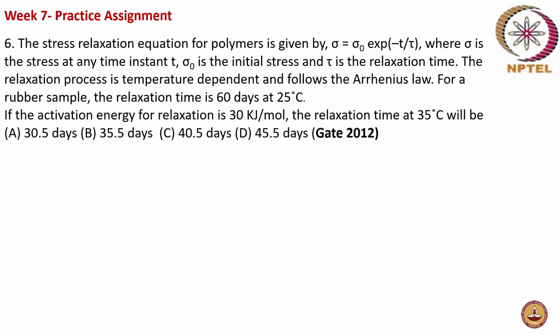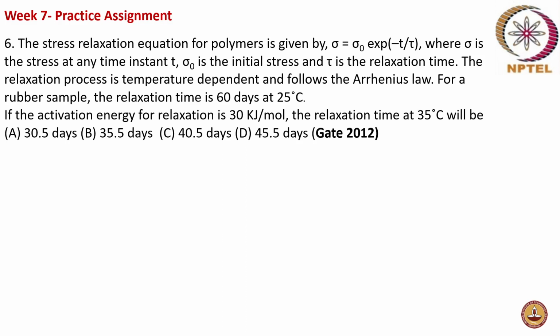Next question. The stress relaxation equation for a polymer is given by sigma is equal to sigma naught into exponential of minus t by tau, where sigma is the stress at any time instant t, sigma naught is the initial stress and tau is the relaxation time. The relaxation process is temperature dependent and follows Arrhenius law.